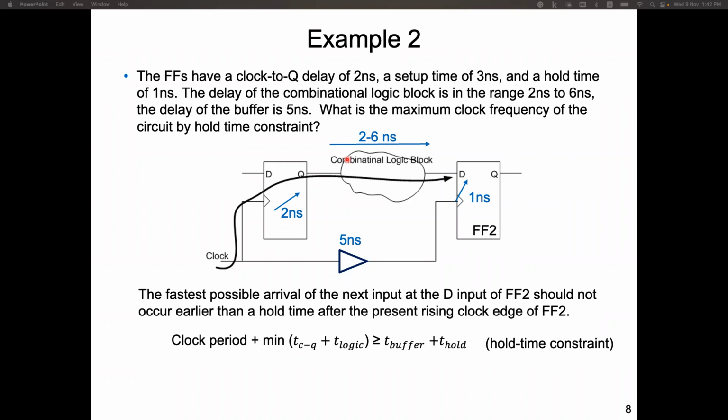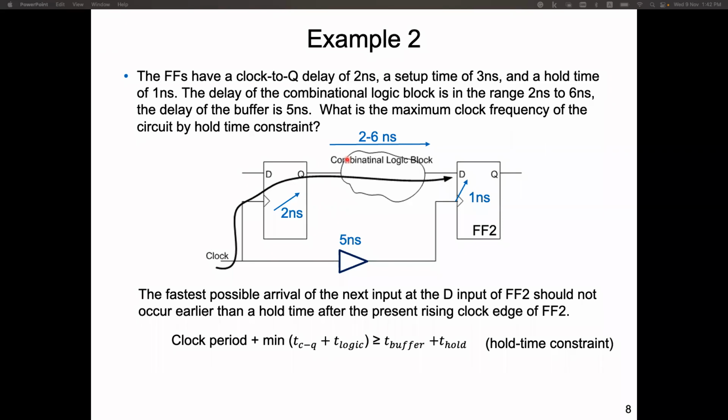Here, that means the next sample should not cause a change in the input of the second flip-flop. The next sample should not propagate.